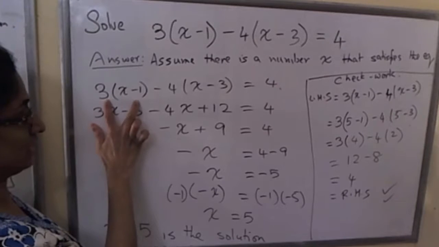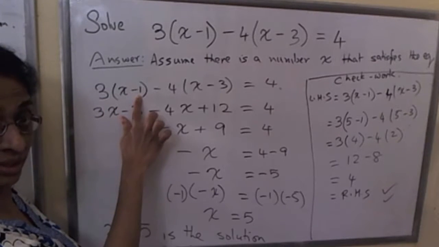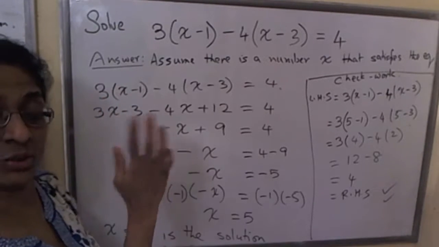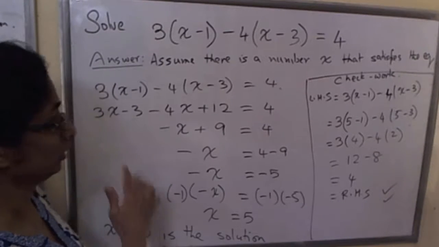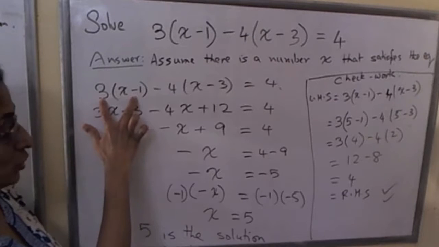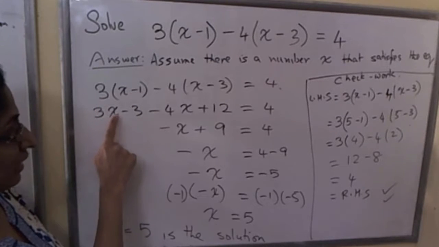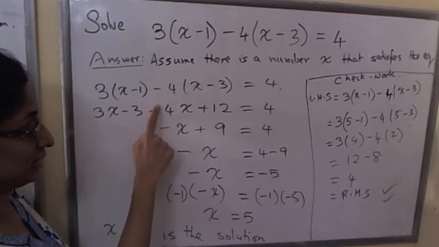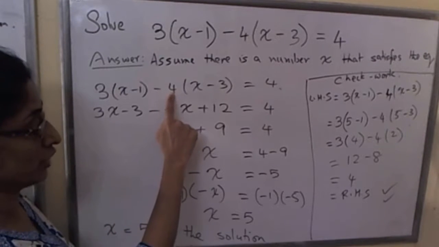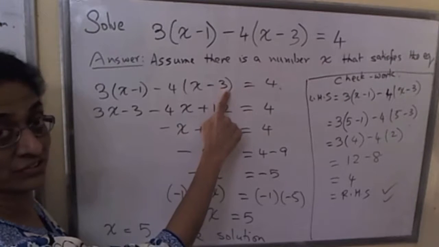The minute you see 3 times x minus 1, you should recognize that as one of the sides of the distributive law. Now we apply the law to rewrite 3 times x minus 1 as 3x minus 3. And similarly here, this negative, and here I notice 4 times x minus 3.